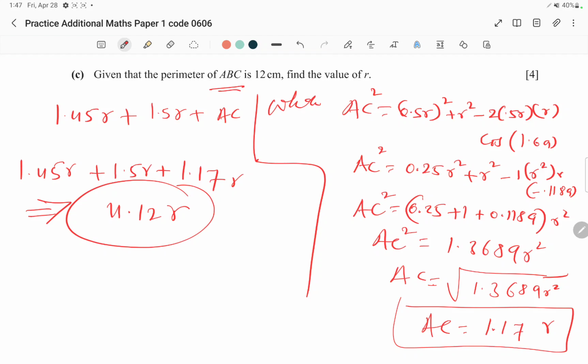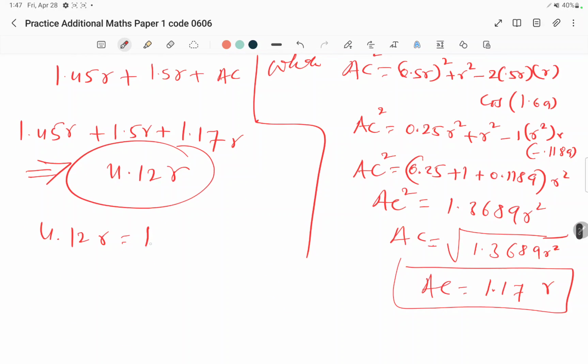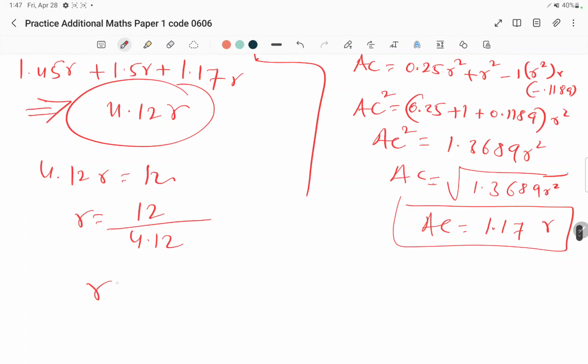So this is our perimeter. So 4.12r, this perimeter equals 12. That's given to us. So r equals 12 over 4.12, that is 2.912. So 2.91 we can write.